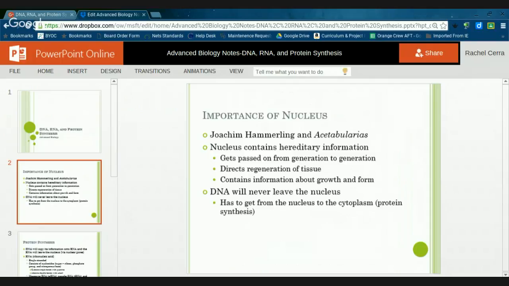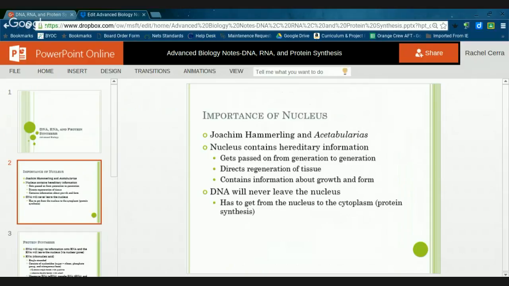Your nucleus is also responsible for regenerating any tissue that needs to be repaired or grown more of.